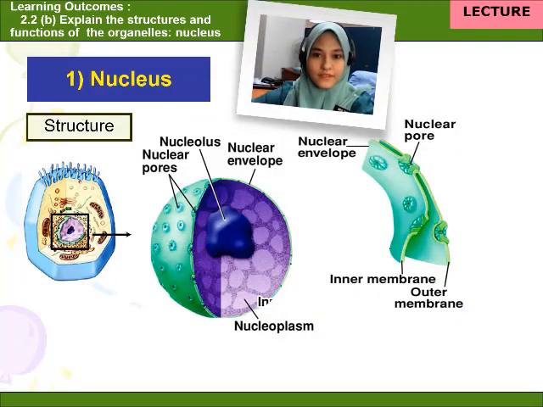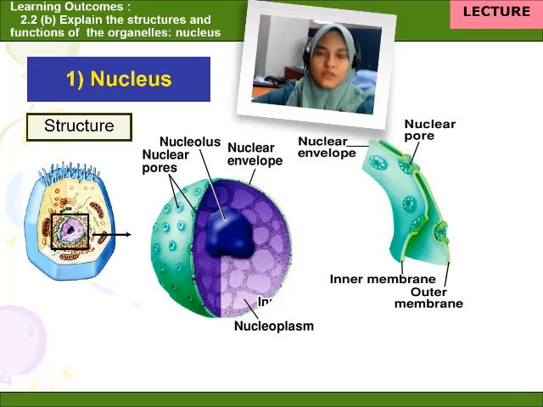For the first organelle, I am going to explain the nucleus. The nucleus is the largest organelle and it is spherical in shape, and the inner part of the nucleus contains nucleoplasm. As you can see, it is spherical in shape, and the nucleus is the largest organelle contained in the animal cell.